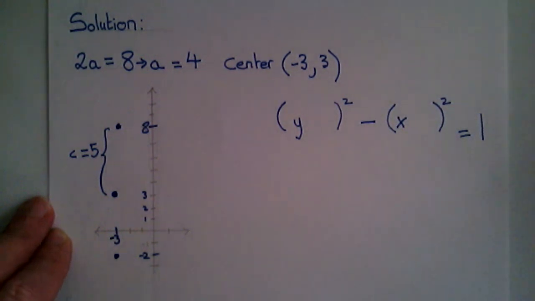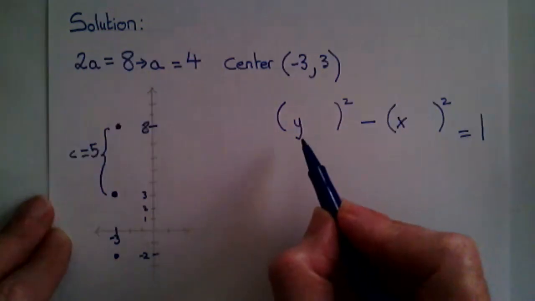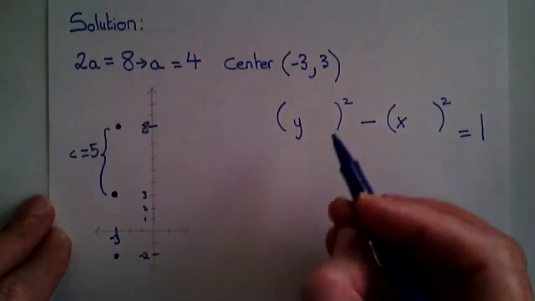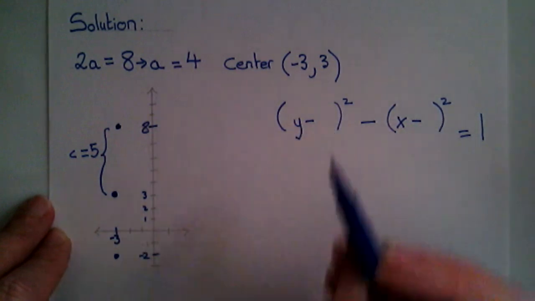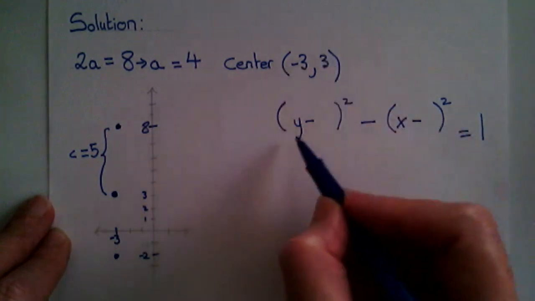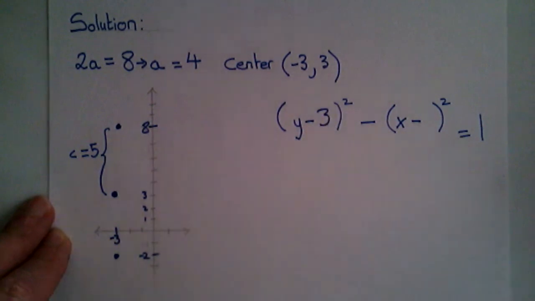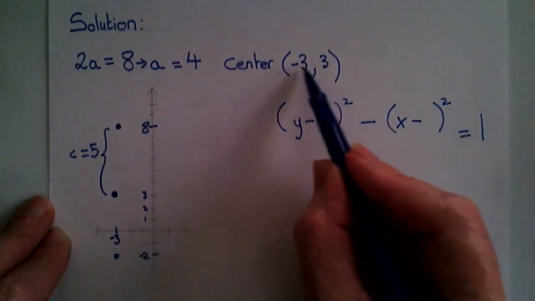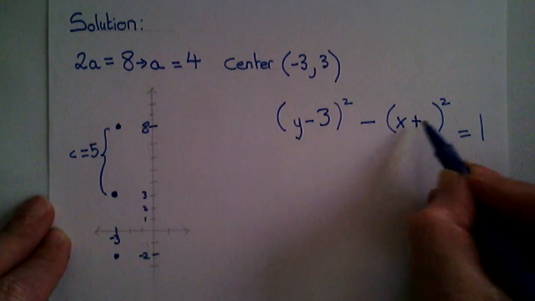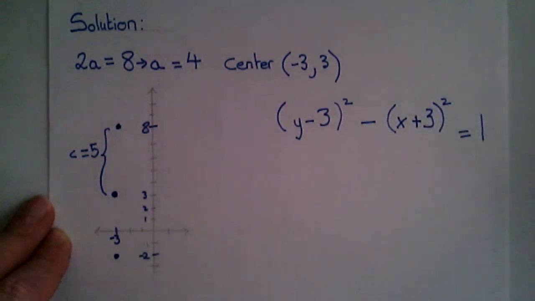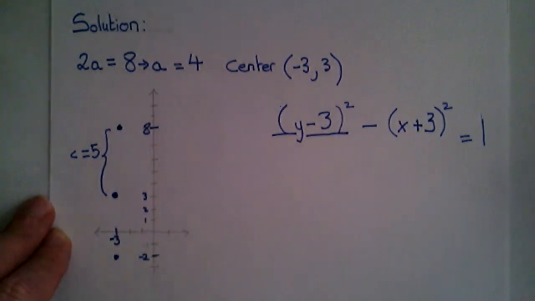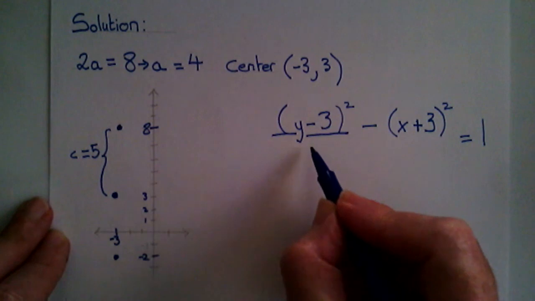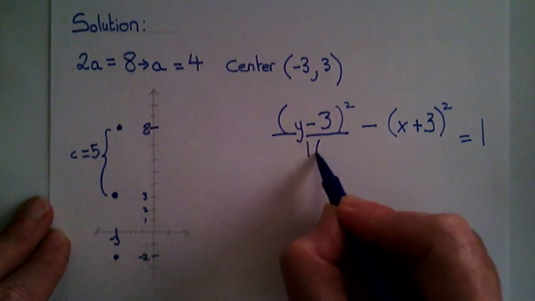And remember, a and b never swap places. So these are minuses. This is minus k, so that's going to be the 3 because it's the y. And here, x, negative 3, that will make a positive 3. And I know that a, which is always under this first parenthesis, is 4. 4 squared is going to be 16.